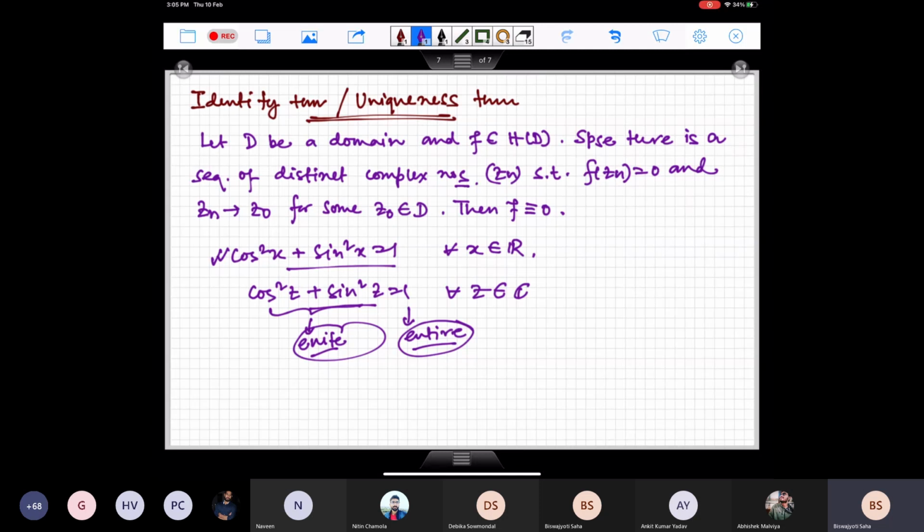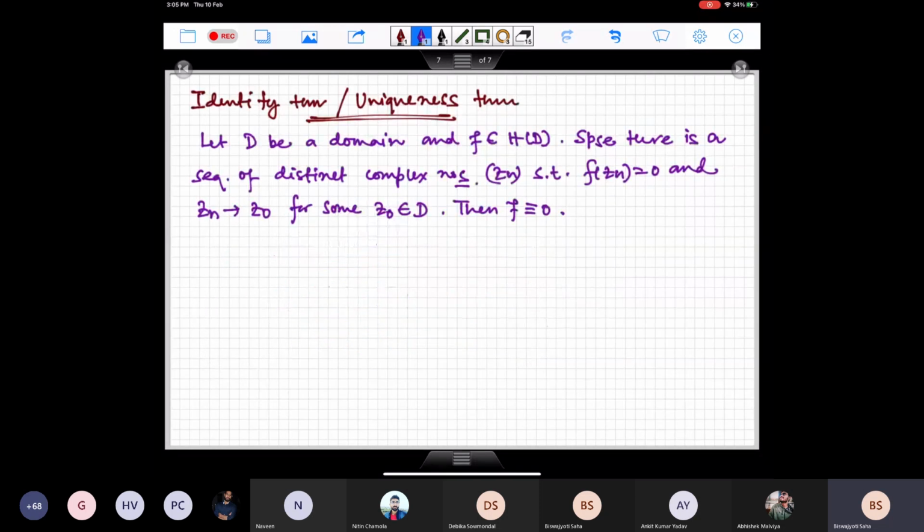This is a very, very strong theorem, and the proof of course we will discuss, but the applications are rather more important. Like I told you many times, the zeros of holomorphic functions are going to be isolated, so you can't have a limit point inside your domain.